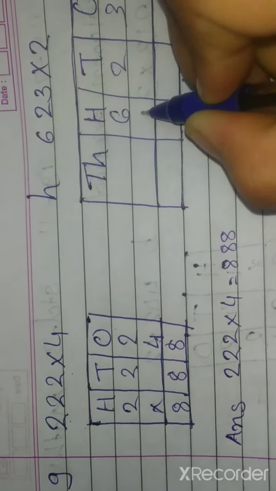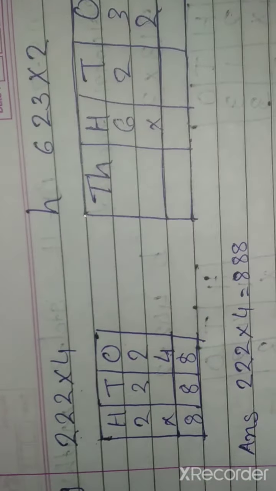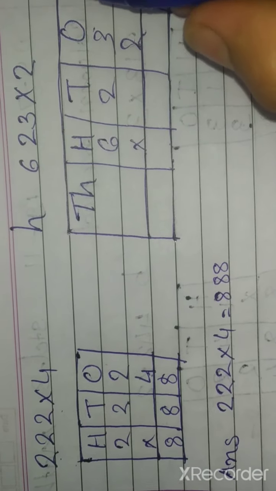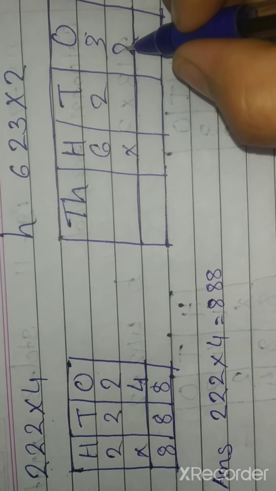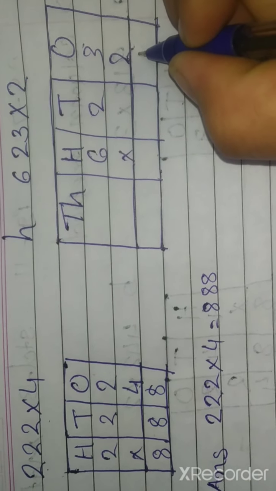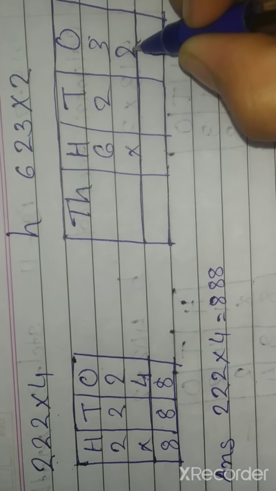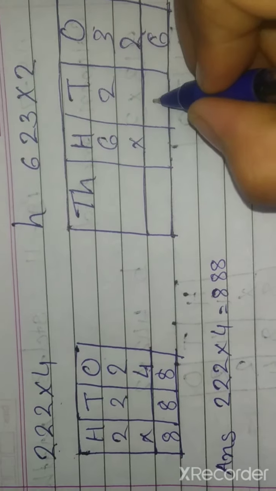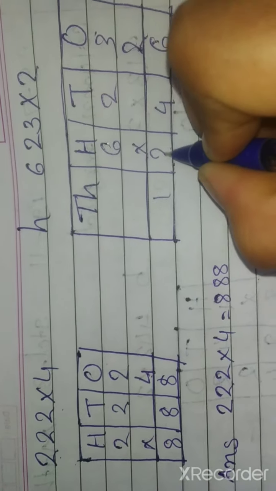The next sum is 623 into 2. 2 3s are 6. 2 2s are 4. 2 6s are 12.